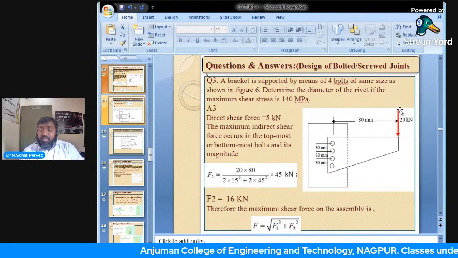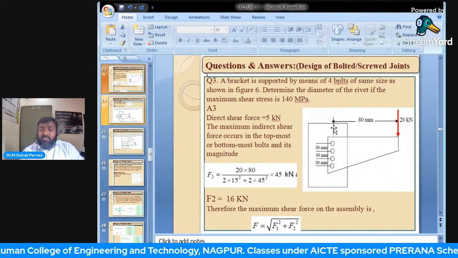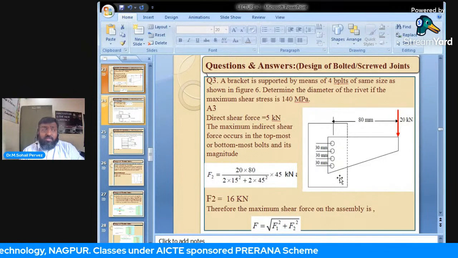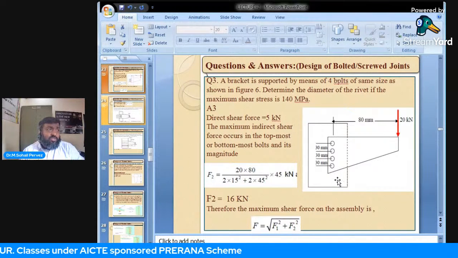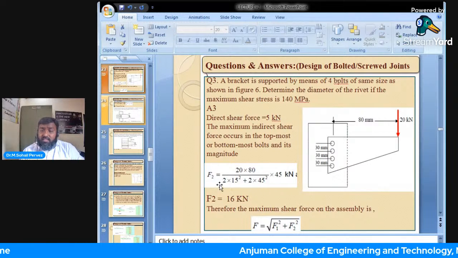Eccentrically loaded joint where the load is in the plane. The direct shear force is 20 divided by the number of screws or rivets, so we divide by 4. Then F2 would be obviously based on the distance from the CG.